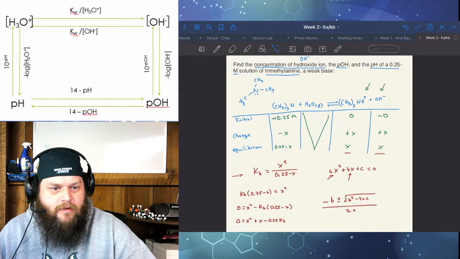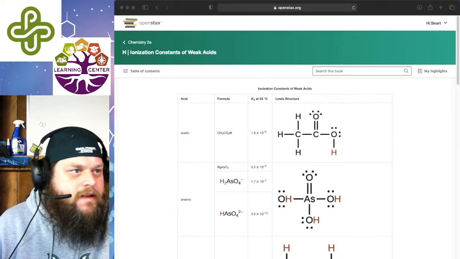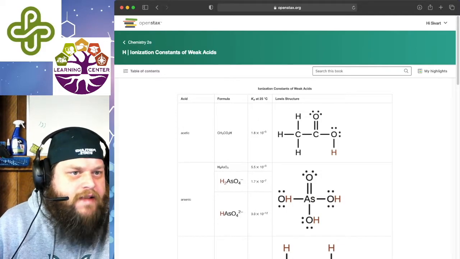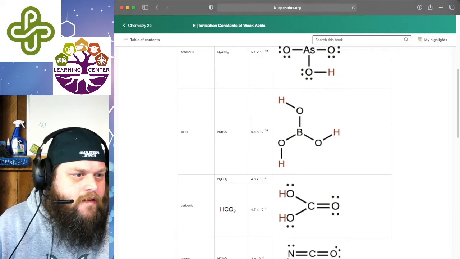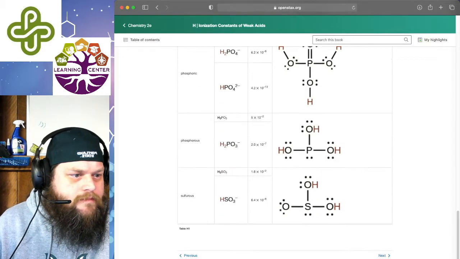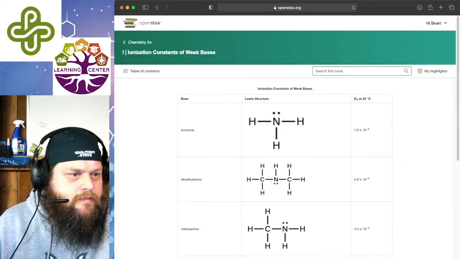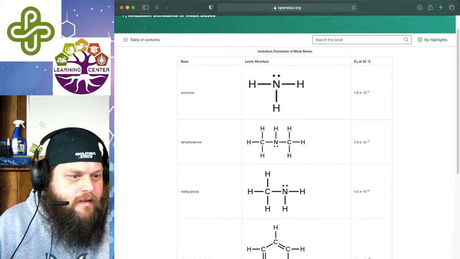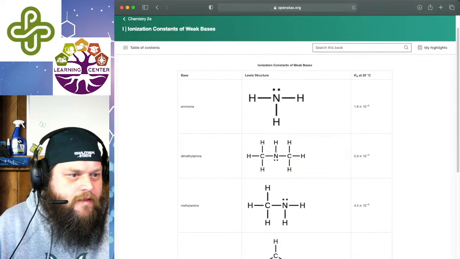Here I can switch over to that. There we can see. This is just on the appendix H of your book. This is dimethylamine. There's no trimethylamine.